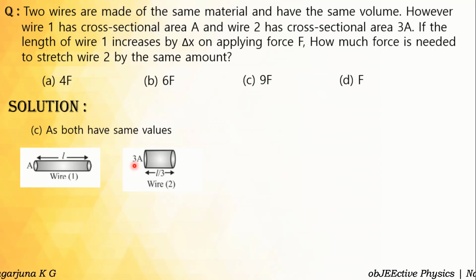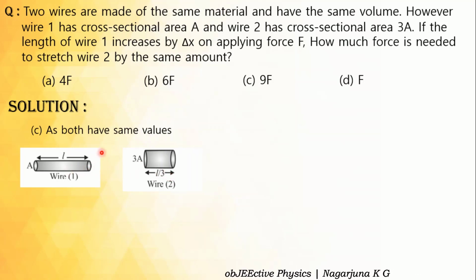To have the same volume, if area of cross section increases by 3 times, then definitely length of the wire should be decreased to 1/3. If area increases by 3 times, length should be 1/3. So anyway, here volume of the first wire and volume of the second wire are equal as per the question.